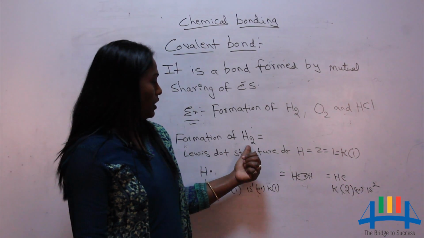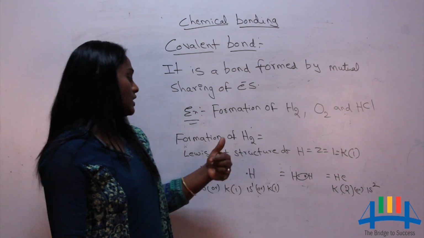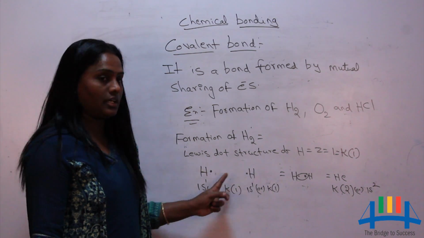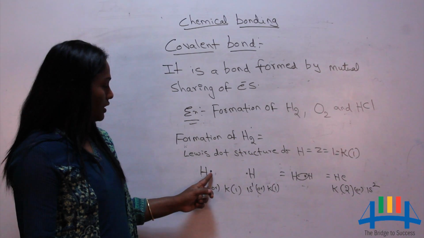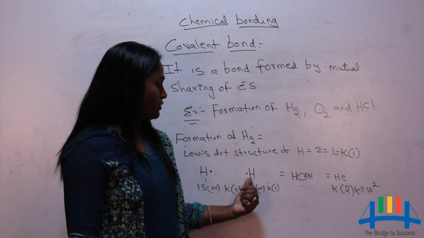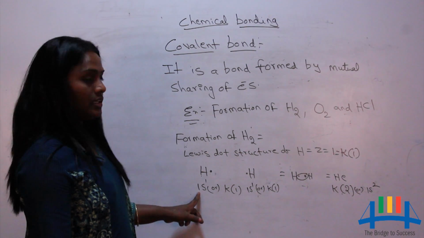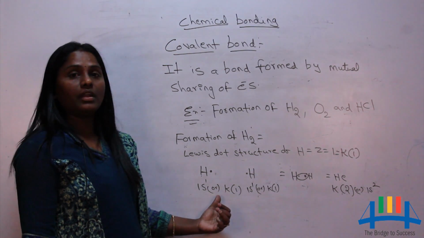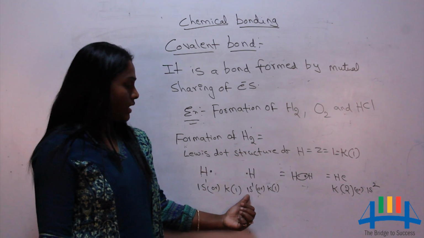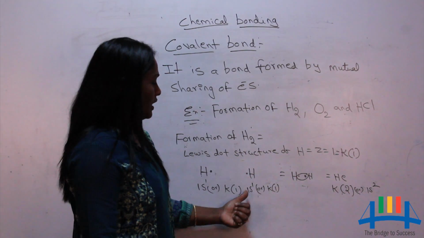In the H2 molecule there are two hydrogens, that's why I am taking two hydrogens here. H with one dot and one more H with one more dot represent the electrons. The configuration is 1s1 or K1, anything you can write.